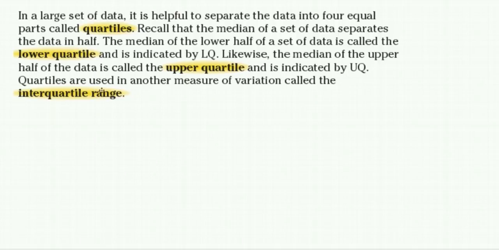Quartiles are used in another measure of variation called the interquartile range, which we will indicate as IQR. Again, quartiles separate the data into 4 equal parts, so each quartile has 25% of the set of data.